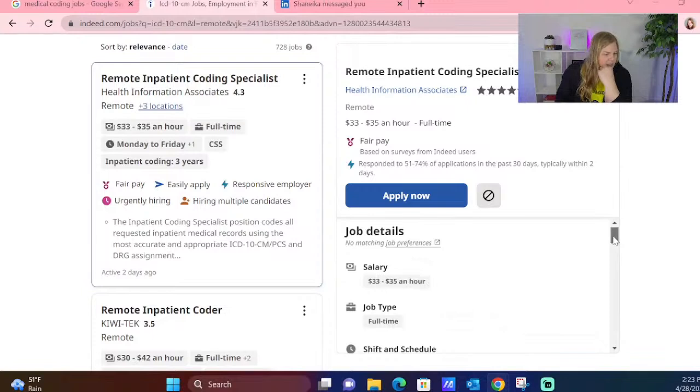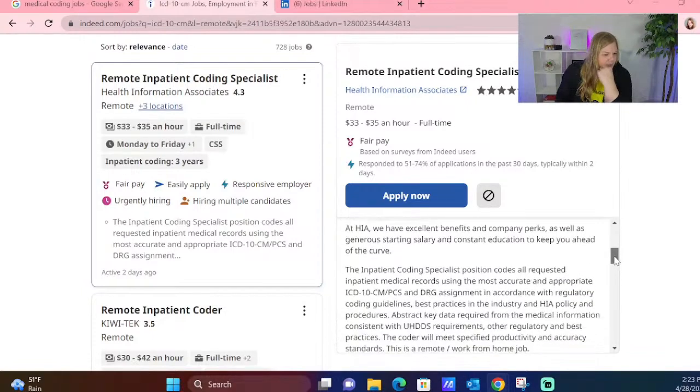So let's take a look at the job details. This one's for Health Information Associates, and this is a little bit of information about their company. Inpatient coding specialist positions code all requested inpatient medical records using the most accurate and appropriate ICD-10-CM and PCS and DRG assignment.